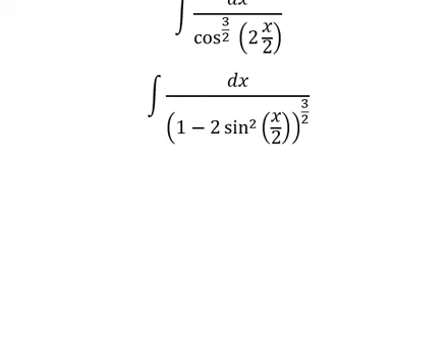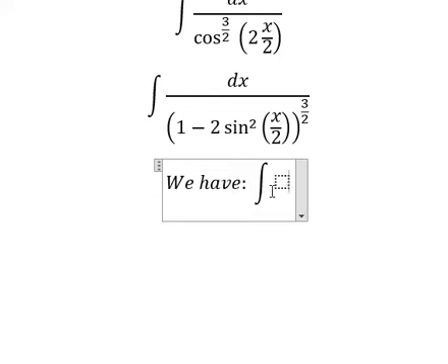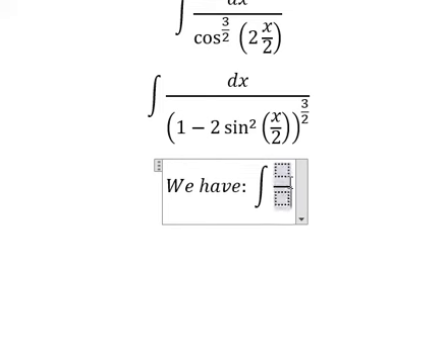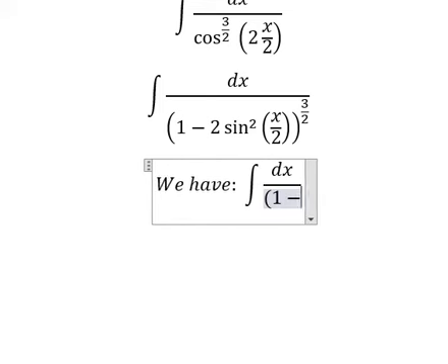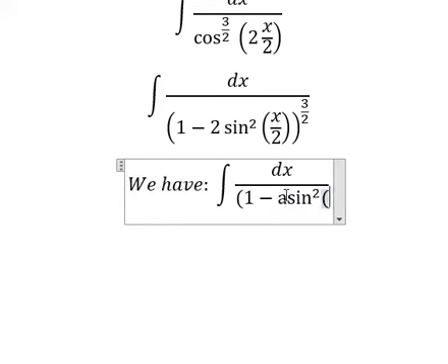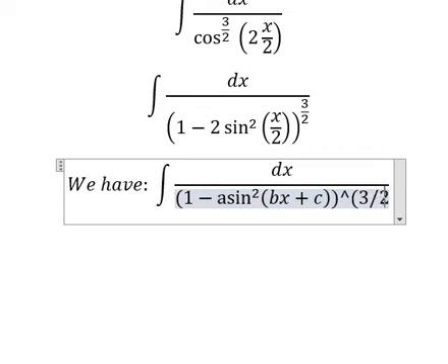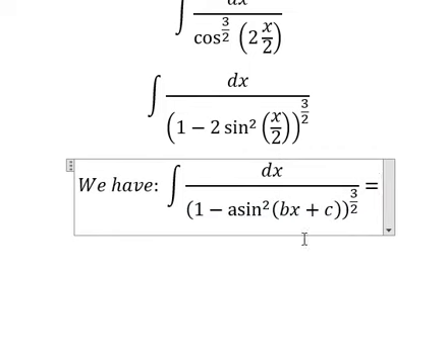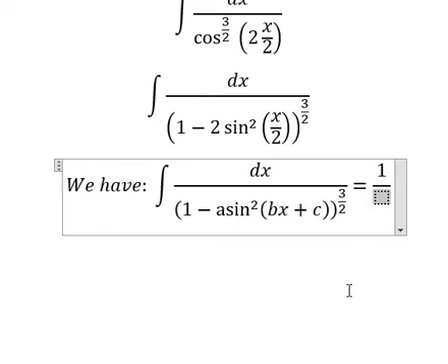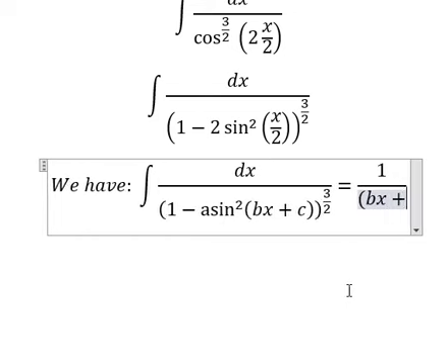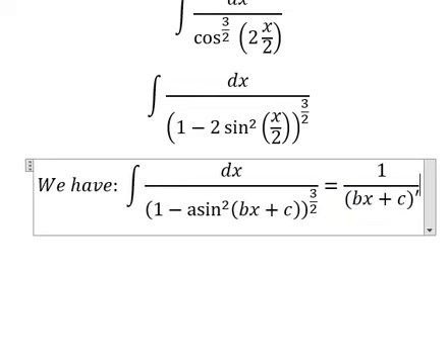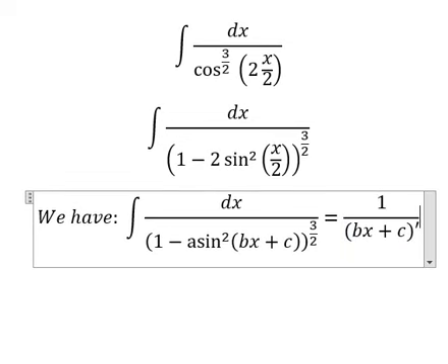Now we have the formula in here. The integration of this one, we have 1 over the first derivative of bs plus c multiplied by sigma.